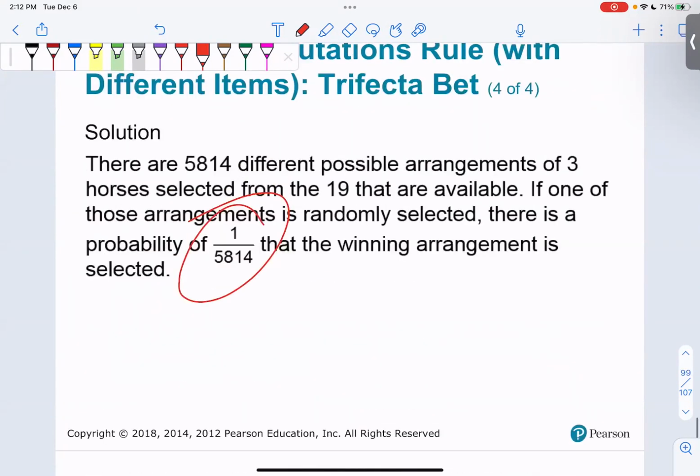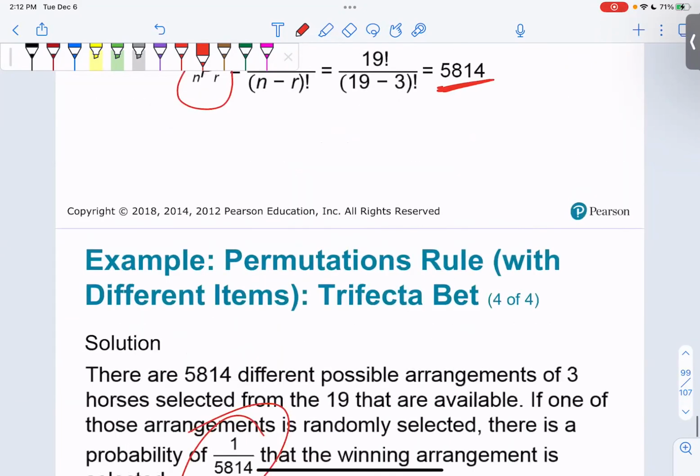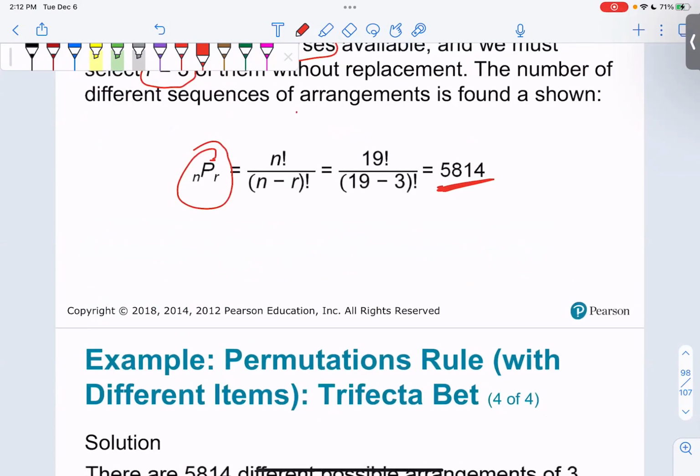So now, if the order did not matter at all, it would be a combination instead of nPr. Let's say we ask how many different ways we can select the first 3 winners, and we don't care which one is first or second. It will be 3 out of 19 combination, equal to n factorial divided by n minus r factorial times r factorial, which is 19 factorial over 16 factorial and 3 factorial.